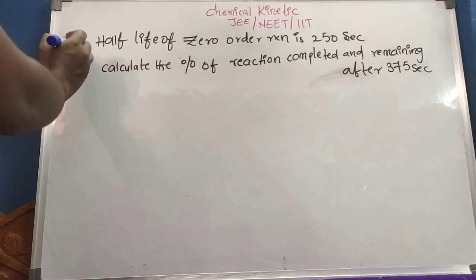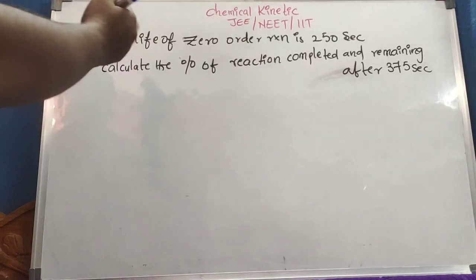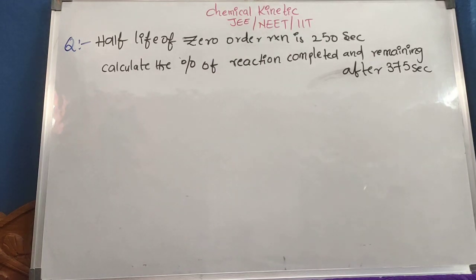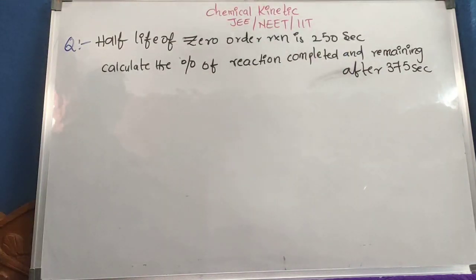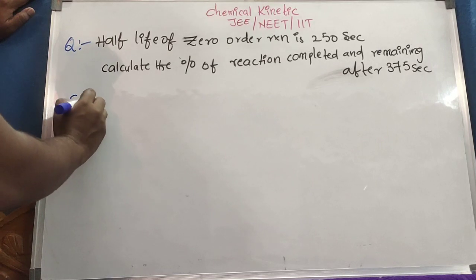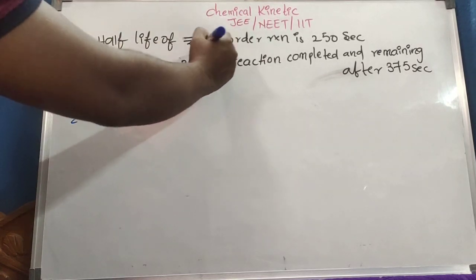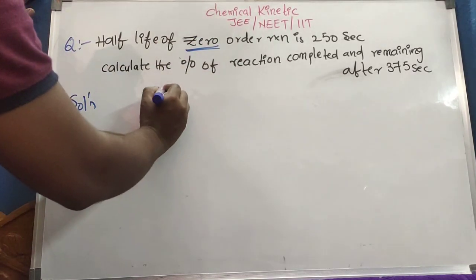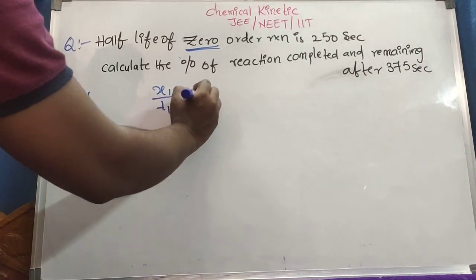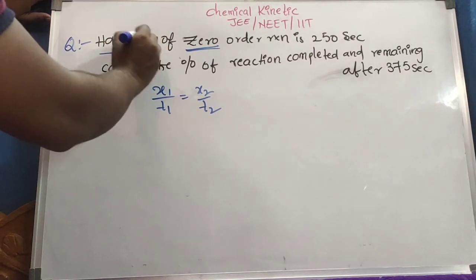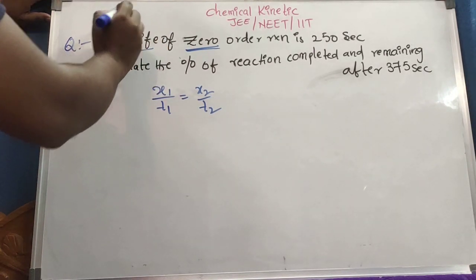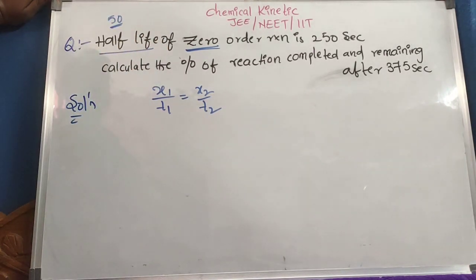And next question is: the half-life of a zero order reaction is 250 seconds, and calculate the percentage of reaction completed and remaining after 375 seconds. Simple, again the same formula for zero order reaction: x1 by t1 equals x2 by t2. Half-life means 50%.